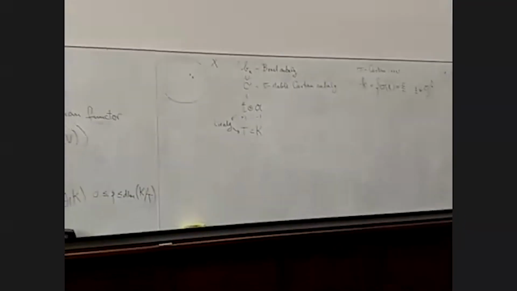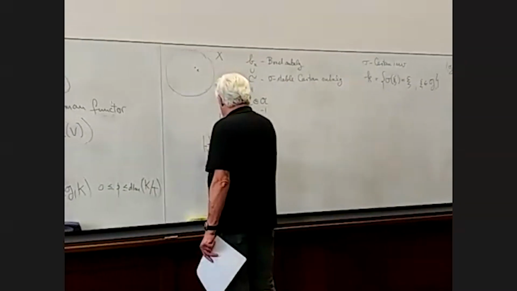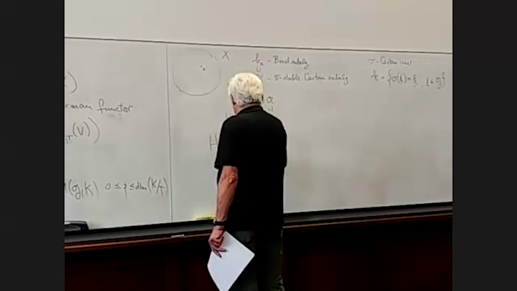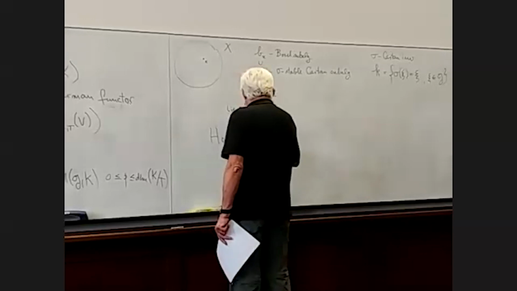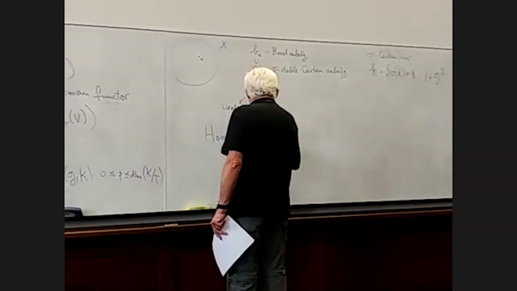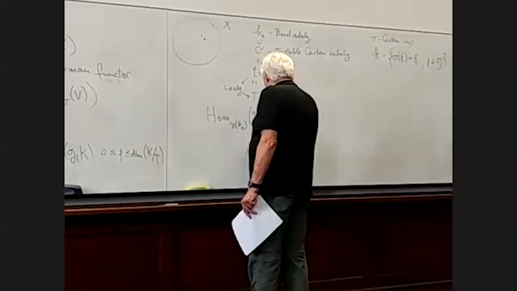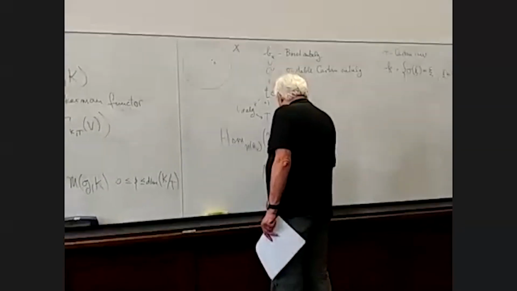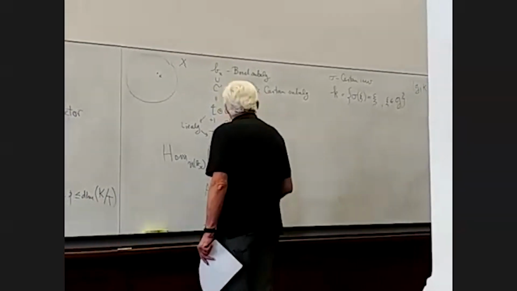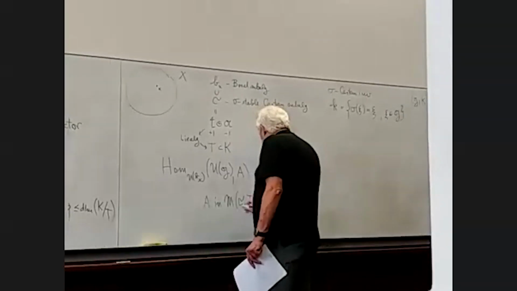So now I can construct the following module: Hom from U(b_x), U(g), A, where A is an element in the category of modules for (c, T).